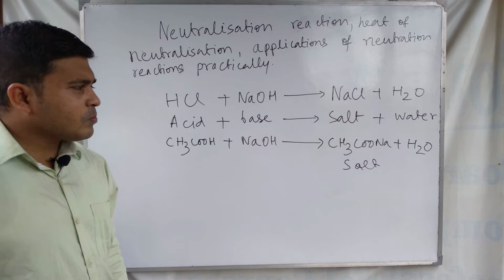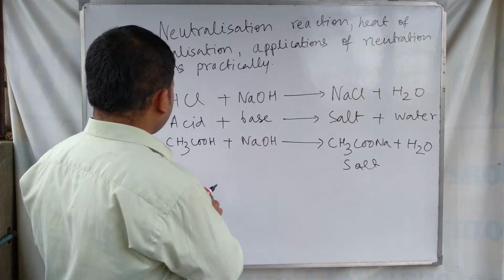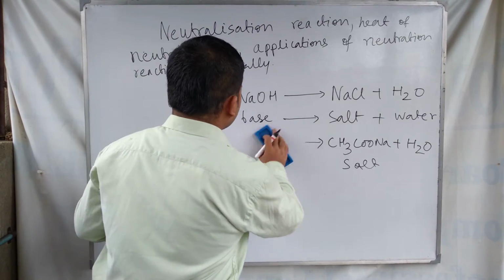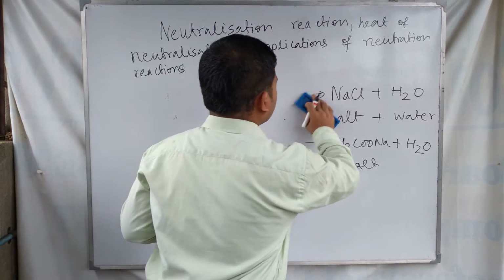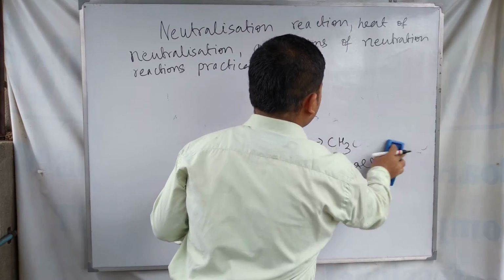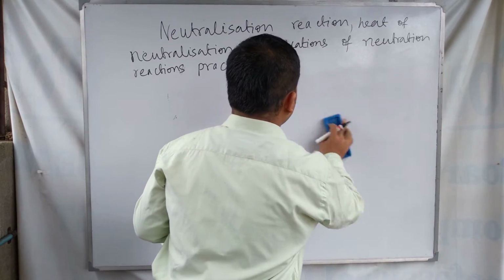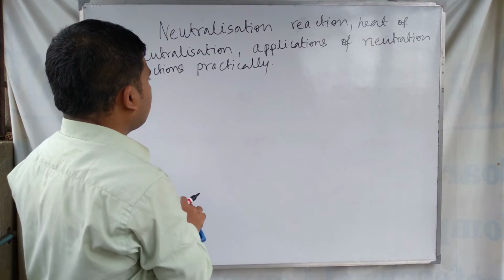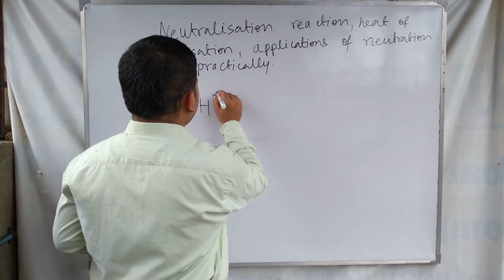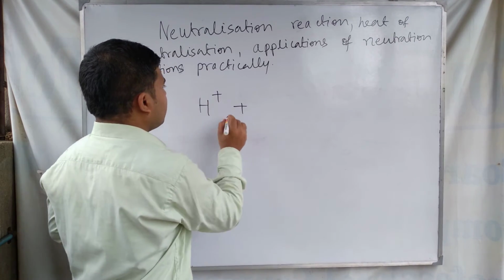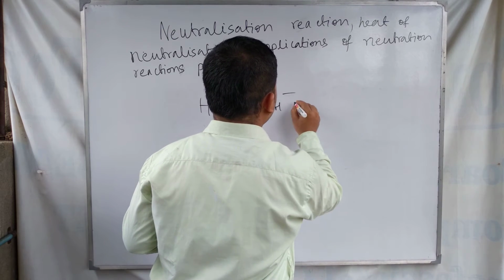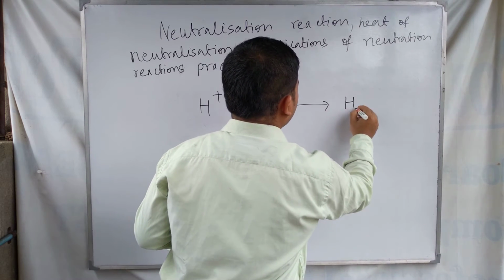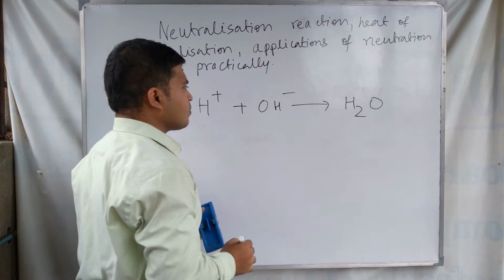You can see lots of other examples of neutralization reaction, and if we represent it in short, here H plus means acid and OH minus means base, they combine to form water.